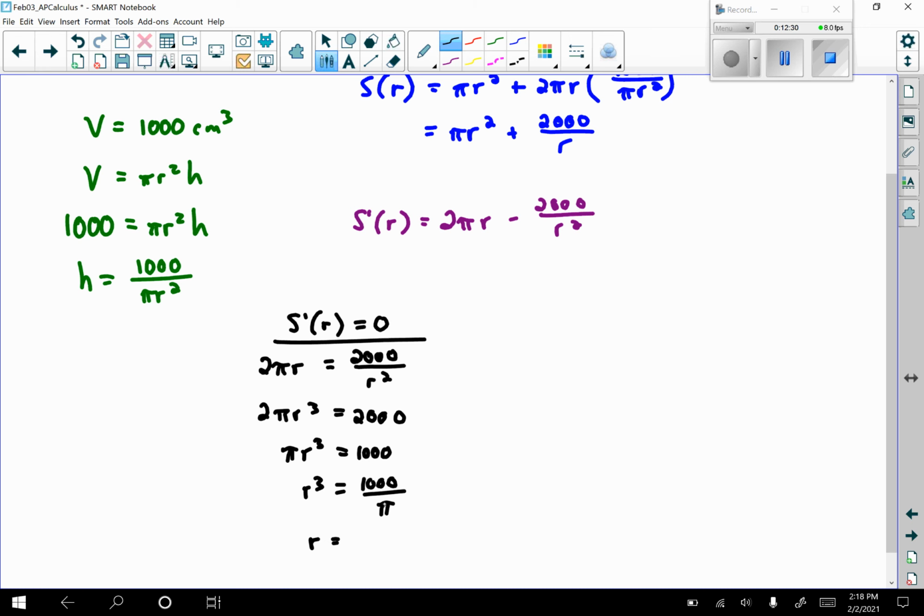So r is going to equal the cube root of 1,000, which is 10, over the cube root of pi. And that we were actually getting from our example 3. The radius came out to be exactly that. S prime of r is also undefined when r is equal to 0, but r needs to be greater than 0. So let's go through and do our second derivative test.